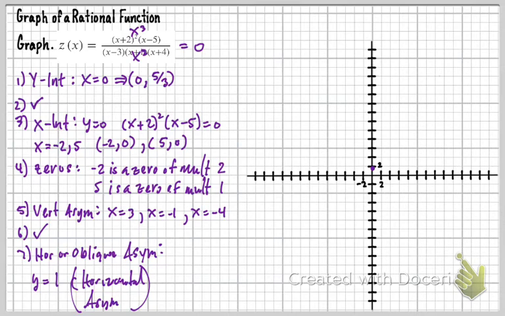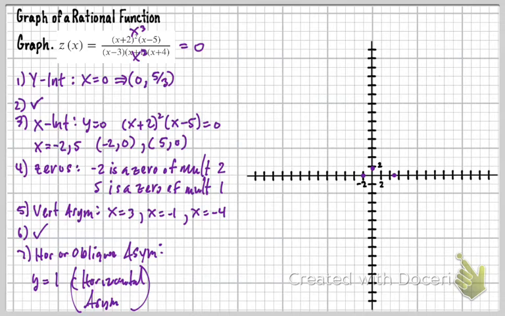So just before 2. Then I have the x-intercepts, and those are (-2, 0) and (5, 0). So that would be here. Oops, let me fix that. And (5, 0), 2, 4, and 5. So it's going to be in the middle there. Okay, so those are those 3 points.